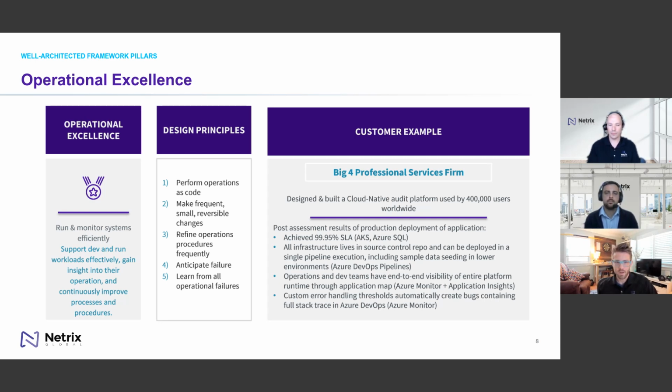The result is that you have all of your source, all of your infrastructure, and all of your application code living in a repo that can be deployed in a single pipeline execution. You can seed your sample data. You can have your operations and dev teams gain end-to-end visibility of the entire platform runtime.